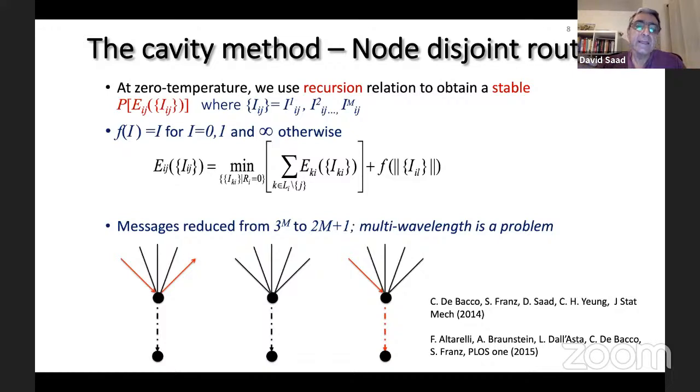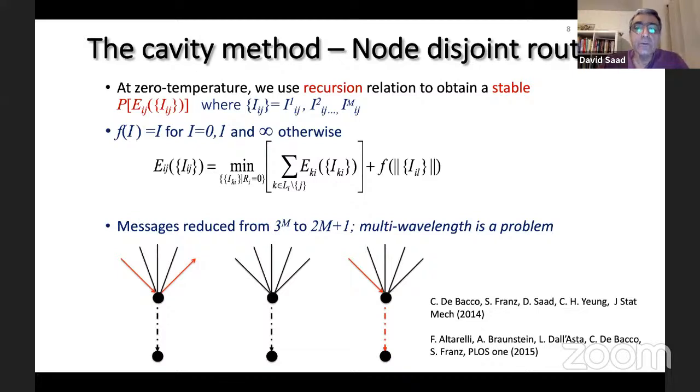So the state of 3 to the power of m possibilities is reduced to 2m plus 1, because 1 means that you're not going through this node. For each one of the messages m, you can go in either way, from i to j or from j to i, and this is the reason for the simplification of this calculation.